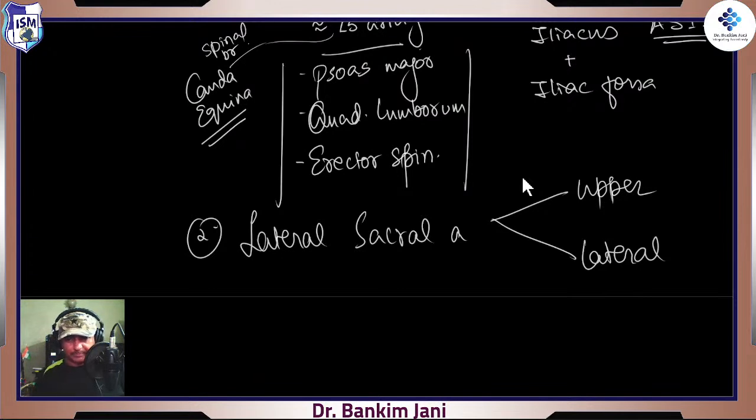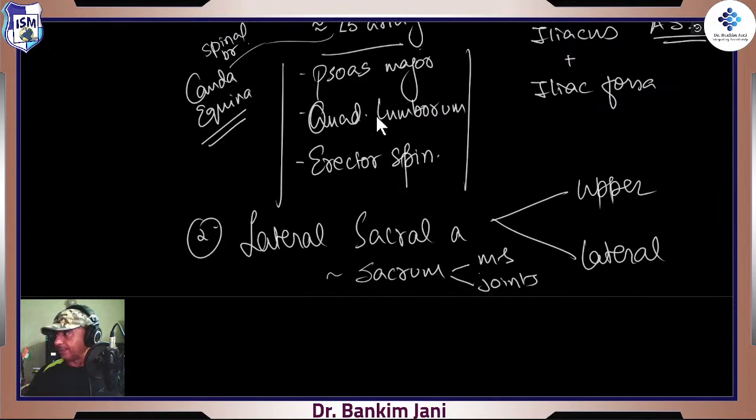So everything associated with the sacrum, those muscles associated with the sacrum and the sacral joints, right? That is lateral sacral. Everything on the back, the skin of the sacrum, etc., is by the lateral sacral.